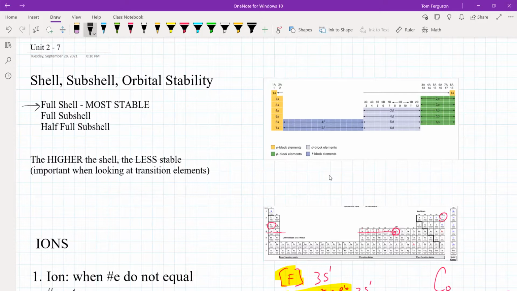Remember, electrons are negatively charged, so they're going to be repelling one another. If it's symmetrically set up, then the repulsion is basically balanced. So again, nature likes symmetry because it's more stable. We're going to see that theme throughout this class on symmetry.